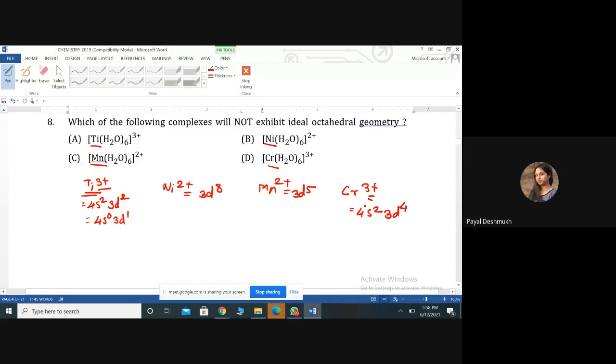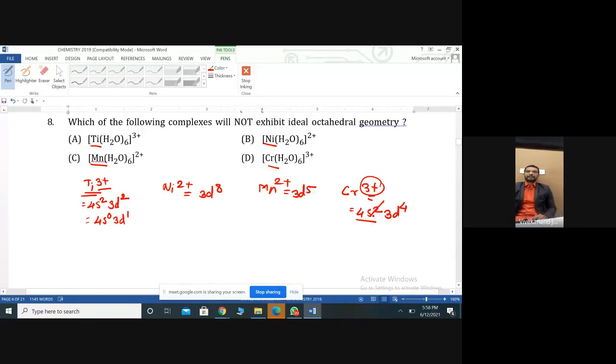Chromium comes at your fourth number, so it's 24. For 24 you have to write 4s2, 3d4. Clear? You have to remove 3 electrons from here. 2 electrons we can remove from 4s, and 1 electron from 3d. So here we have electronic configuration 4s0, 3d3.